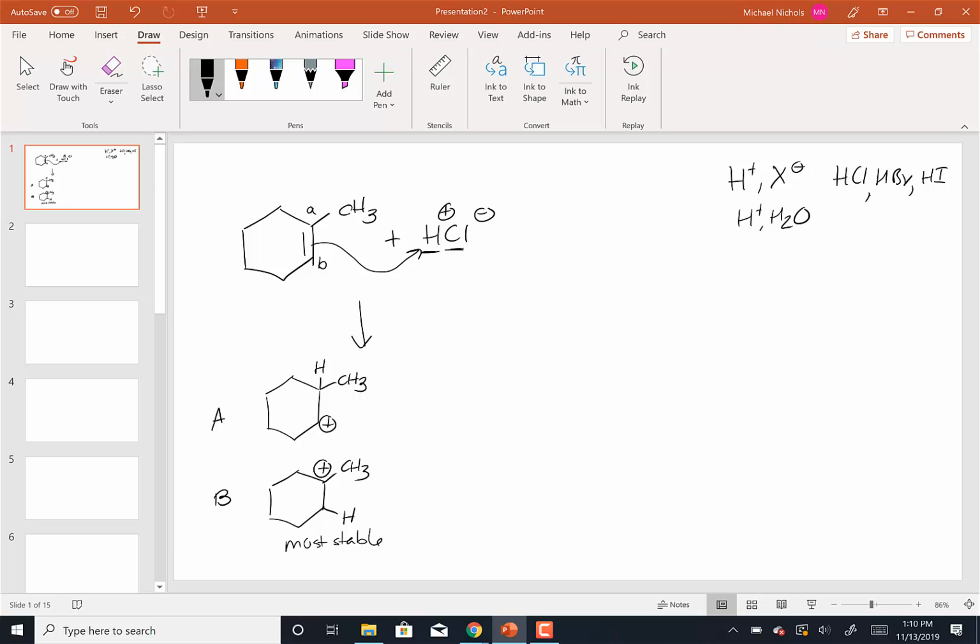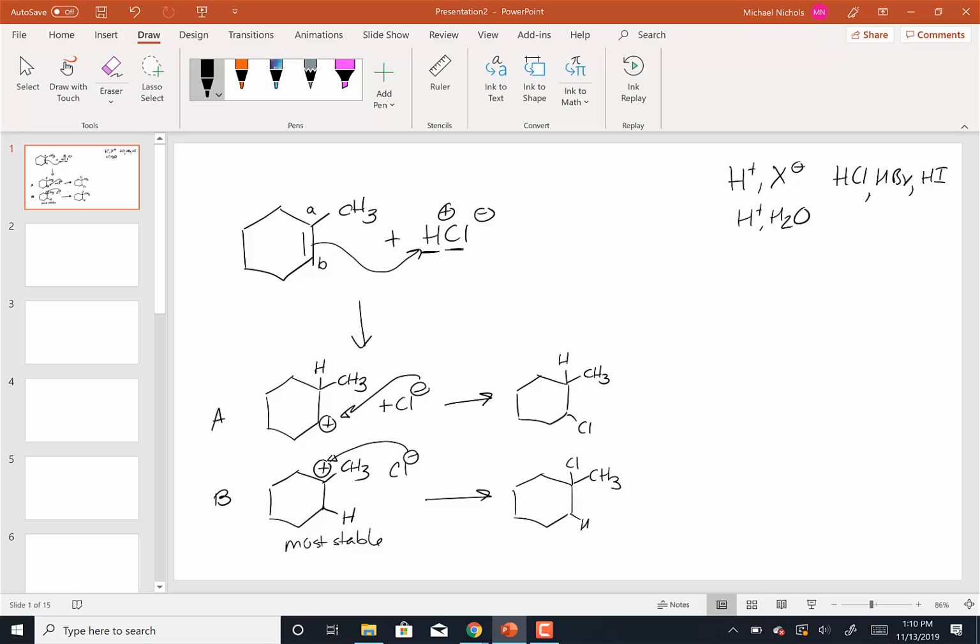So in this case, the second step of the reaction is to take the chloride, have it react with the carbocation, and have the chloride come in and react with the tertiary carbocation to then have the H and the Cl added in that fashion. And so there would be my 2 products, A and B.